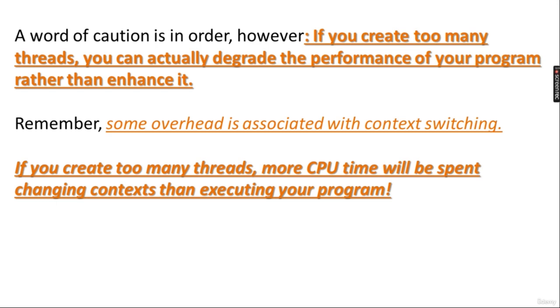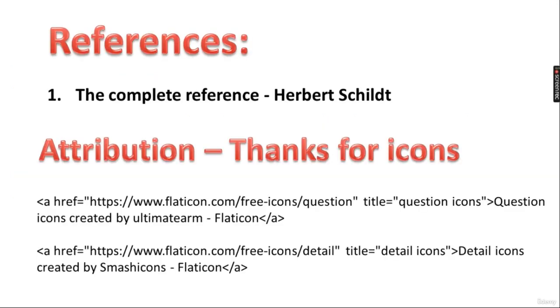So keep the threads as minimum as possible. If you create too many threads, some overhead is associated, related to time with context switching and also efforts of the CPU. More CPU time will be spent changing context than executing your program. Okay, so this way we have completed all the theory part of multithreading.